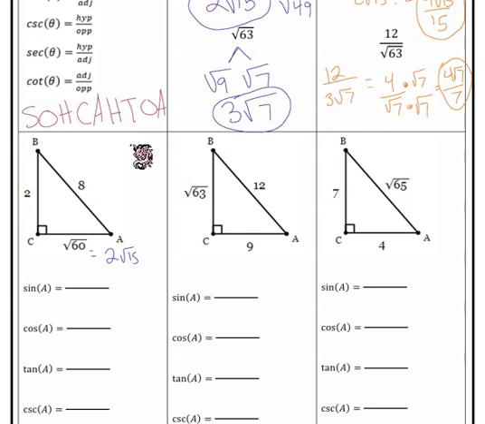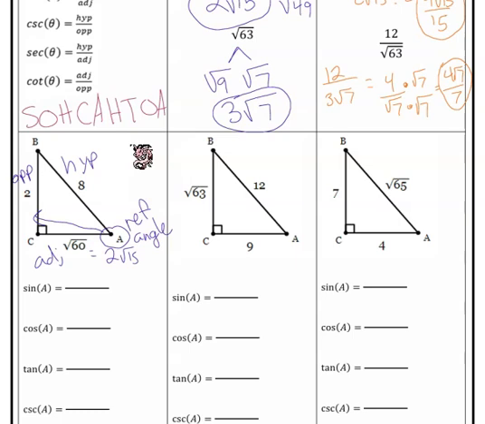Well, first of all, let's figure out what the reference angle is. In this case, it's A. The opposite of that side would be 2. The longest side is hypotenuse, and then the third side is adjacent.